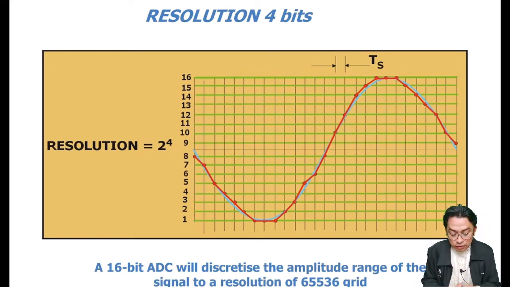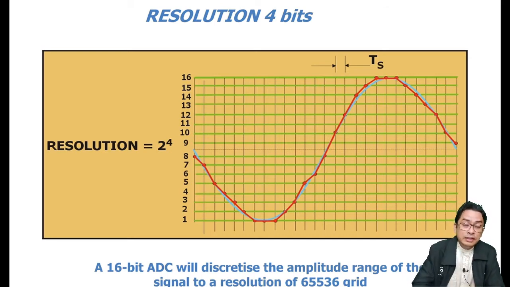See, we have 16 grids, and it looks a lot better than before. Can you imagine if we have 16 bits of resolution? It will give the finest grid, about 65,536 grids. So it is very fine, and the signal becomes very smooth.